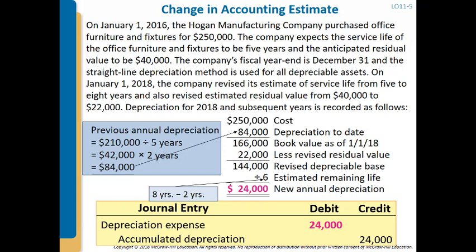That's going to be the remaining allocation base or depreciable base, and you're going to divide that depreciable base by the estimated remaining life of 6 years. So starting in 2018, this company is going to have a depreciation expense of $24,000.